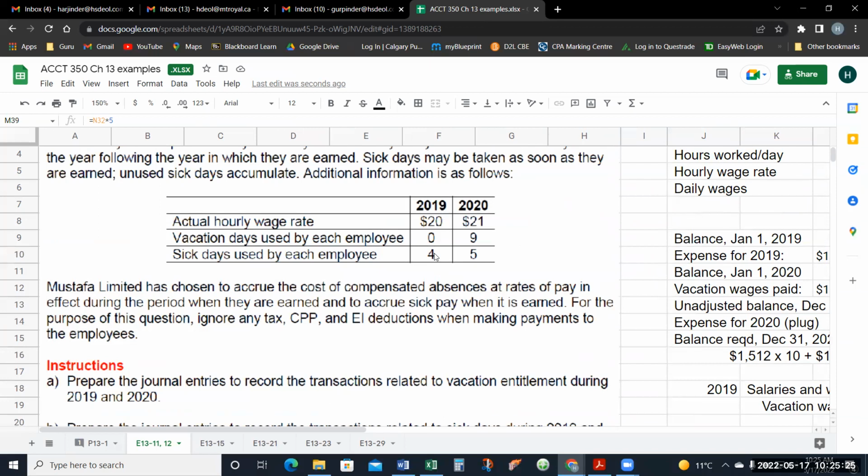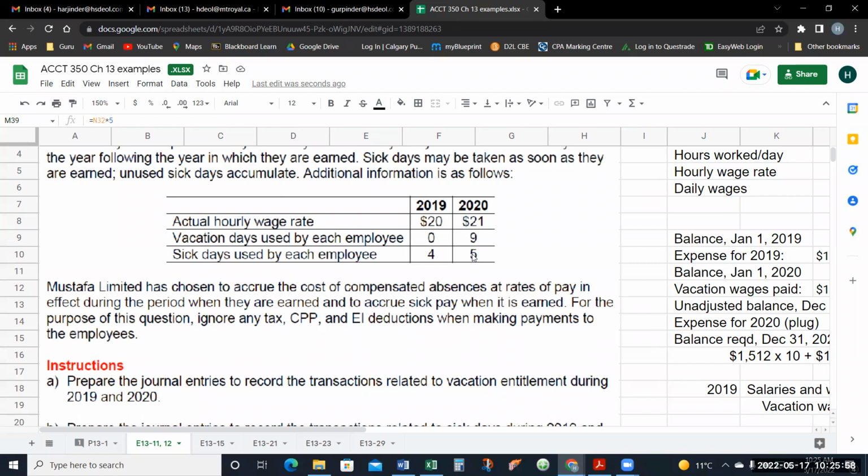Now keep in mind, the sick days actually accumulate. So what happens is, remember there were 2 days unused per employee from 2019. So first of all, in 2020, those 2 days unused will have been used up. So out of the 5 days of sick days that the employees took, 2 days were the unused sick days from 2019. So basically that means only 3 days of the sick day entitlement has been taken for 2020.